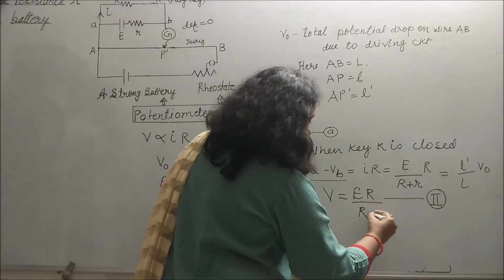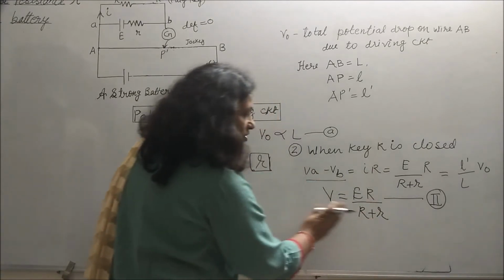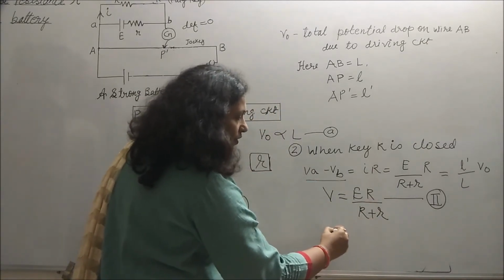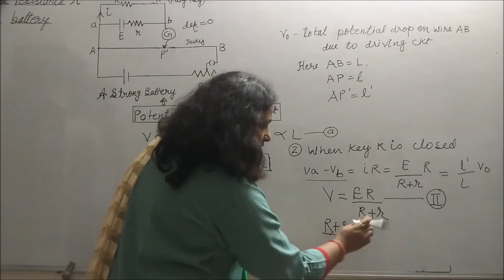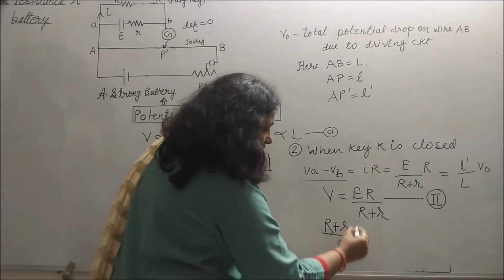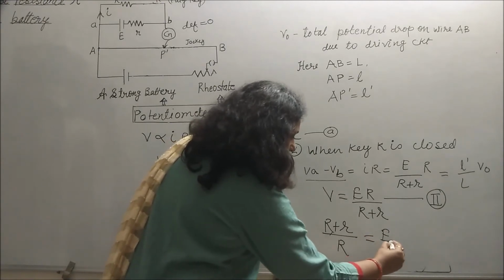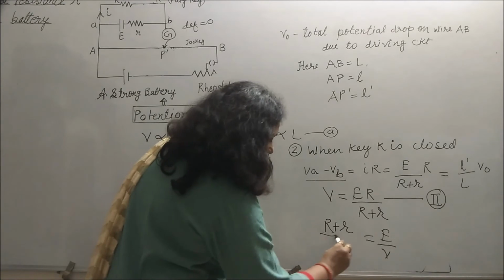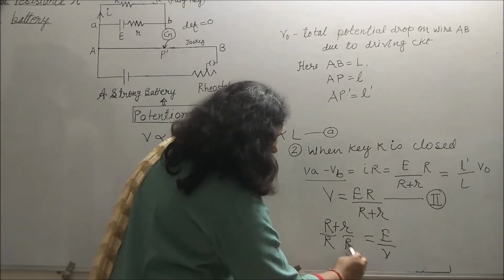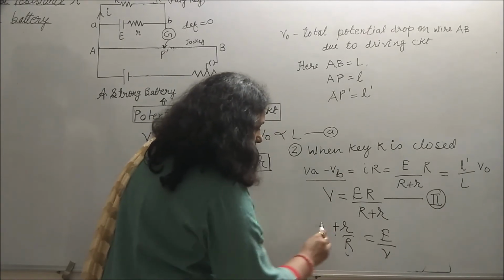So first we will find the relation between these two and get the equation for r. To get this relation we will take this term here, E by V will come here. Now separating the terms, R by R becomes equal to 1.